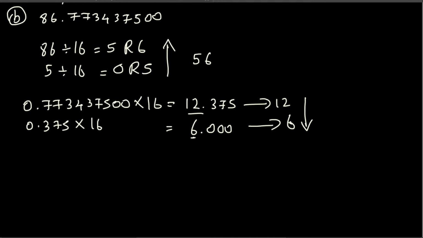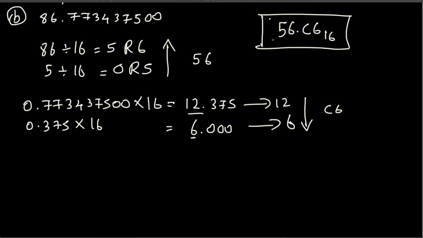So 12, 6. 12 is C in hexadecimal, and 6 remains the same. So the final answer is 56.C6, and each hexadecimal digit is 4 bits. So we have 8 bits in the integer and 8 bits in the fraction. This is the hexadecimal representation of the given number.